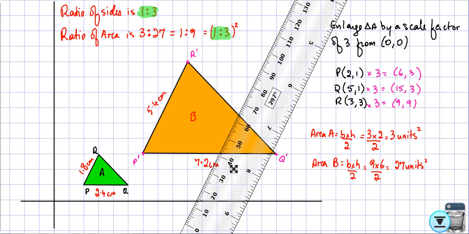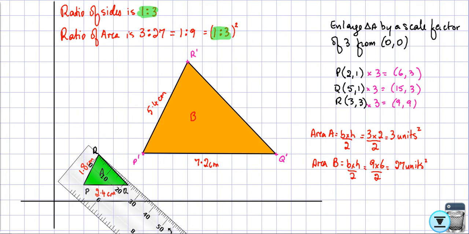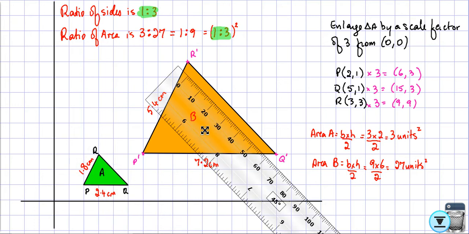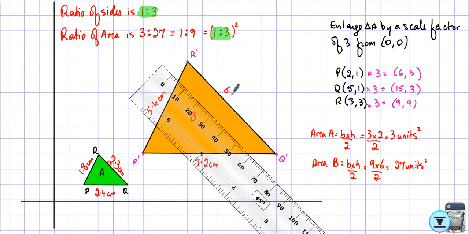I'm now going to measure RQ. RQ is 2.3 centimeters. If I measure the new RQ, that's 6.9 centimeters. Also 3 times as much.